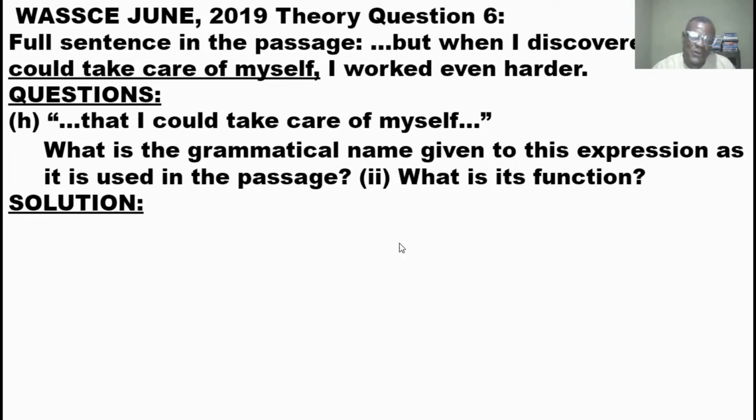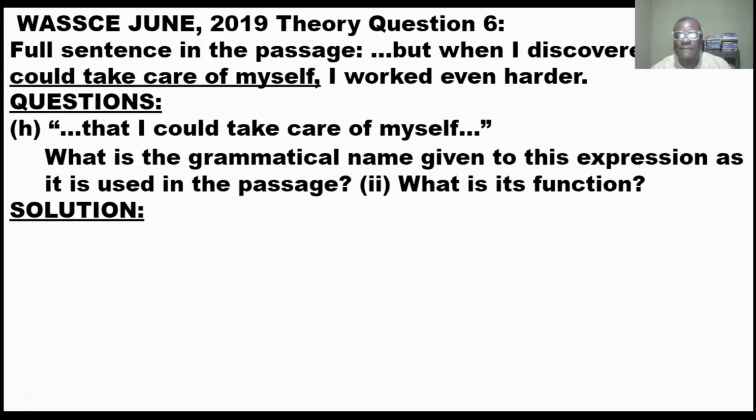What is its function? Now, as usual, we go with the border principle. But when I discovered, then the underlined expression begins here: that I could take care of myself. Then let's eliminate that I could take care of myself, and then let us read the rest of the sentence.